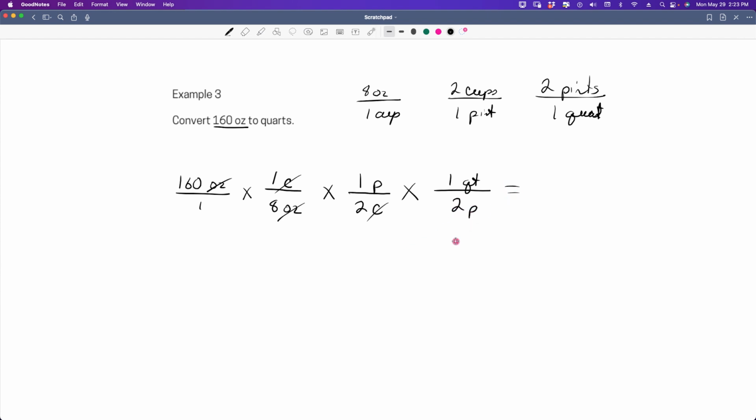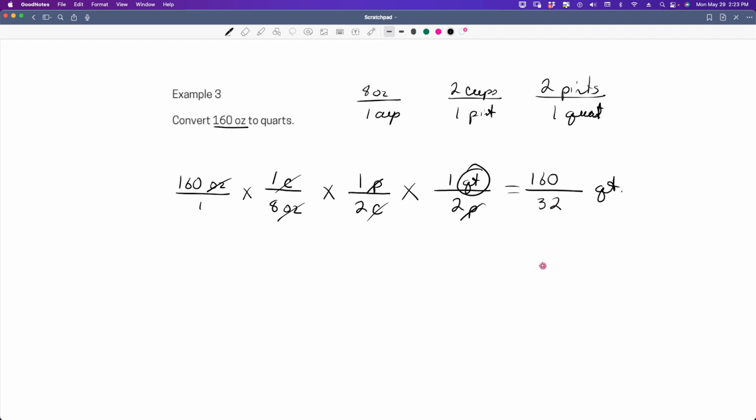And now I can do the math associated. 160 times 1 times 1 times 1 is 160. I'm sorry, I should have canceled my pints already. 8 times 2, that is 16. 16 times 2, that's 32. My remaining unit of measure is quart, which is where I wanted to go. So all I need to do is the math associated with 160 divided by 32.